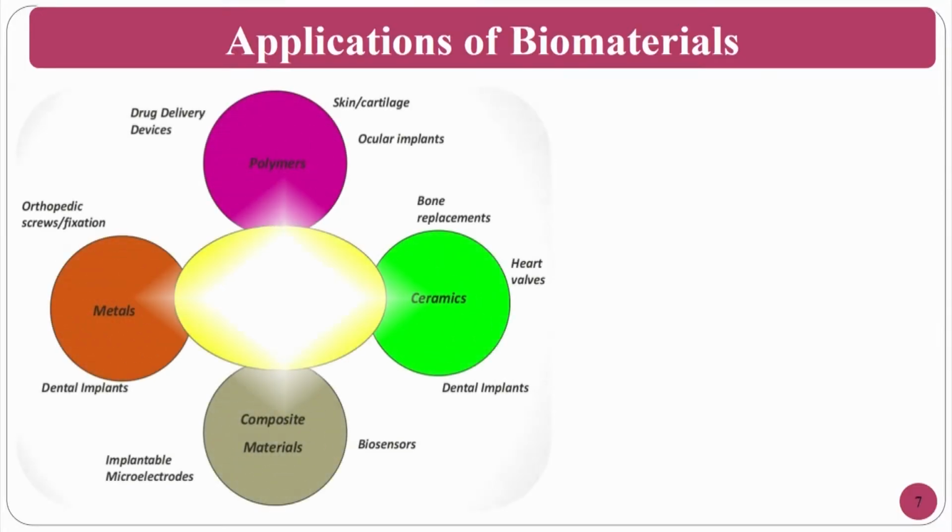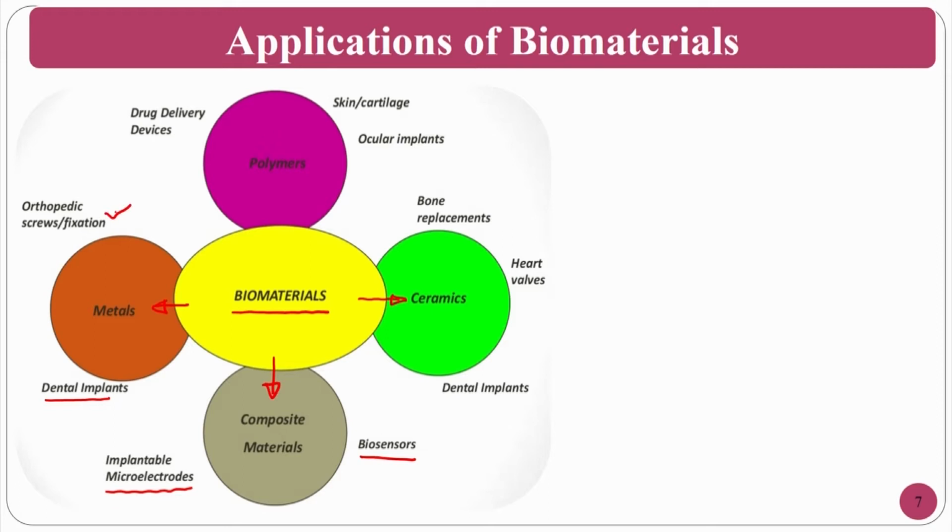Applications of biomaterials. There are varieties of biomaterials. For example, with ceramics you have heart walls, bone replacement, dental replacement and all those things. With composite materials, you will have biosensors and implantable microelectrodes. With metals, you will have dental implants and orthopedic screws and fixations.